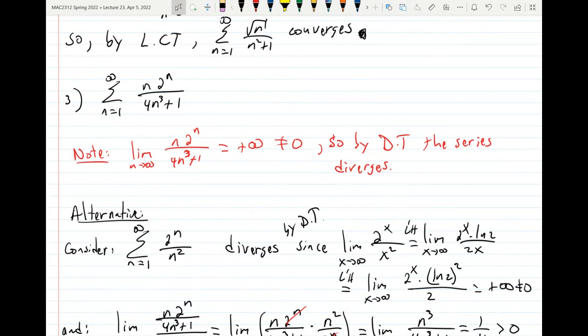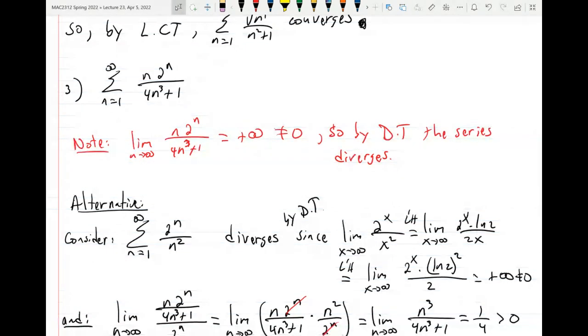But you need to understand that there could be people that say, "What do you mean?" And then you have to explain. So as long as you understand that, then that's fine. Questions about using limit comparison test? Do you understand how to use it? Remember, this only works when the series is of positive terms.